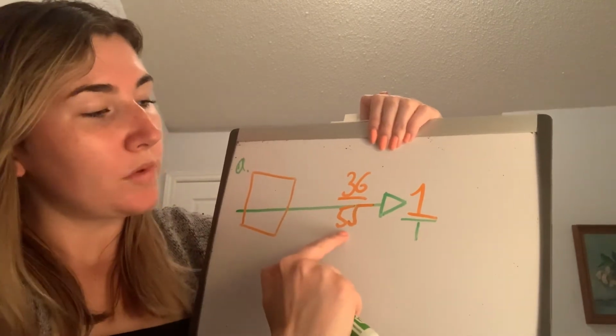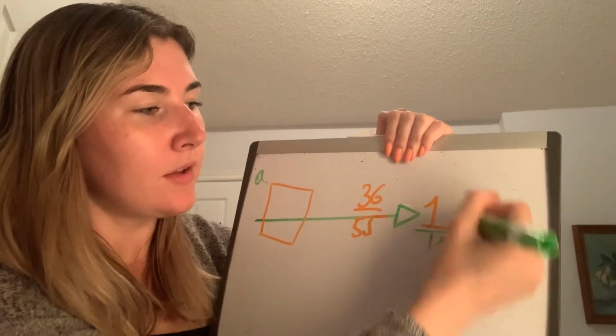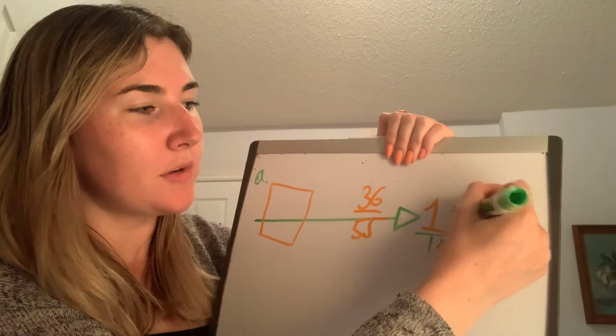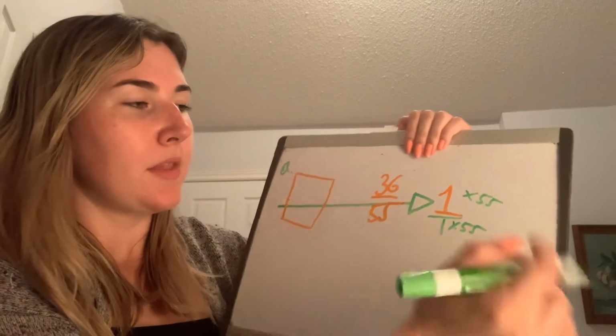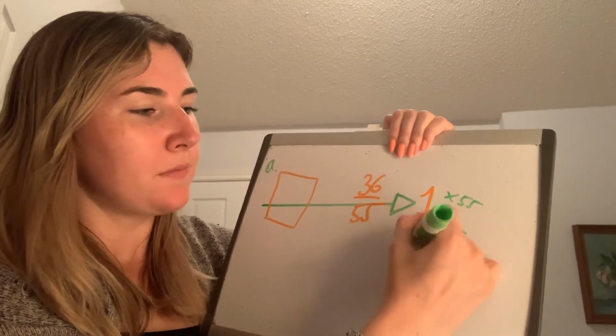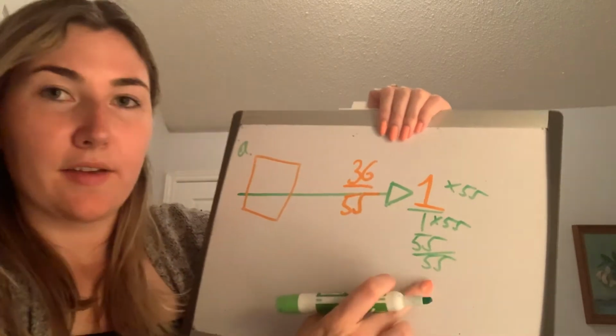So we'll times this by 55, and whatever we do to the bottom, we have to do to the top, and times that by 55. So our new number is 55 over 55.